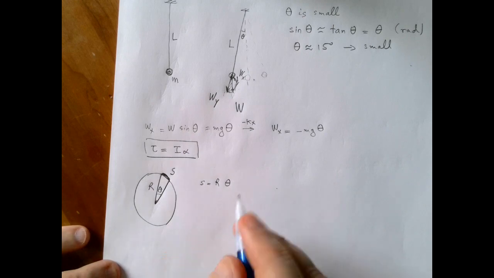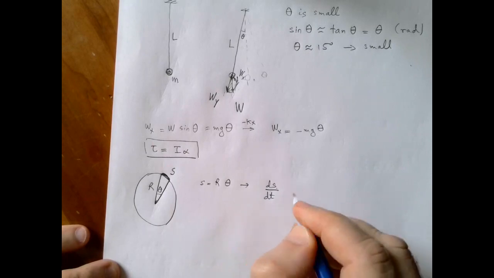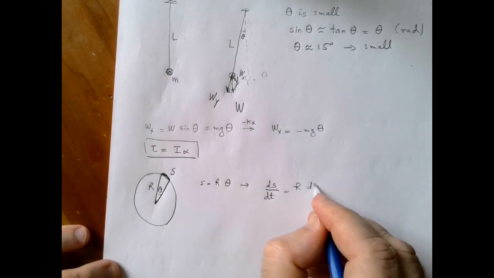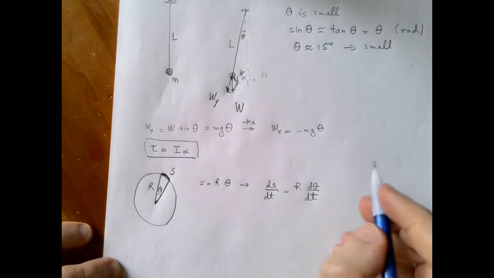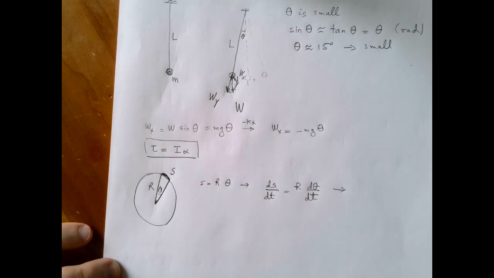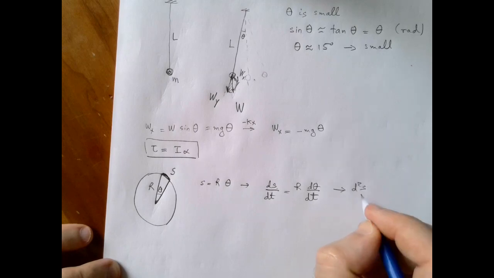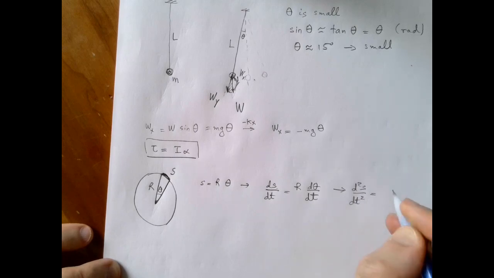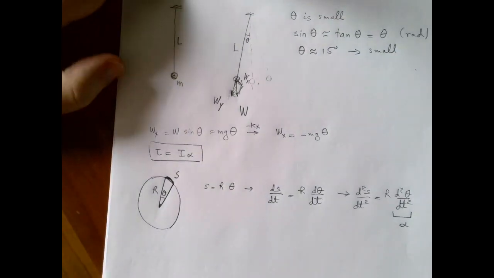If we take a first derivative, ds/dt will be r d theta/dt. And if we take a second derivative, d2s/dt2 will be equal to r d2 theta/dt2. This being the angular acceleration that we need here.